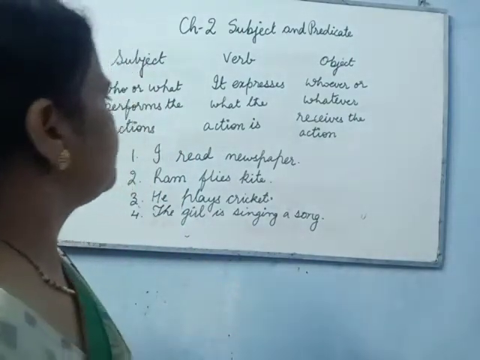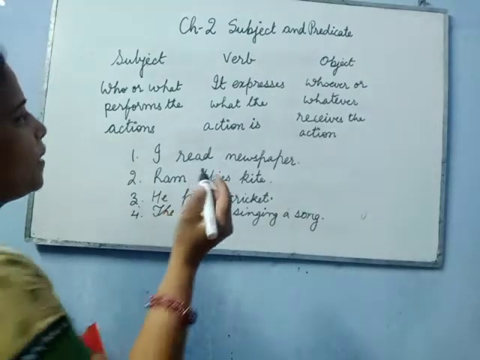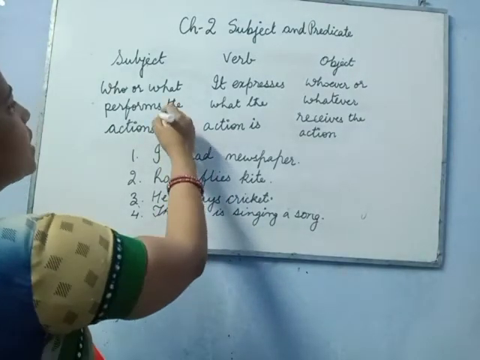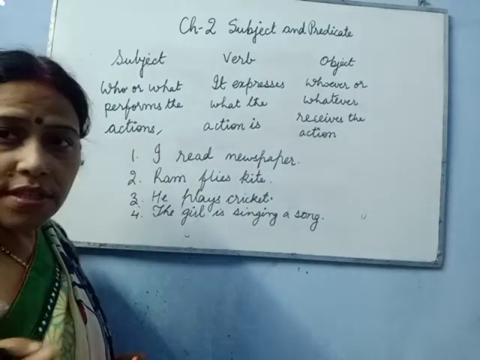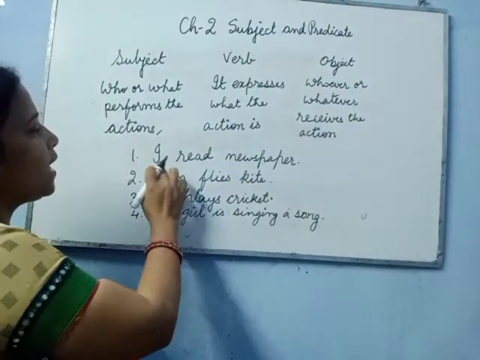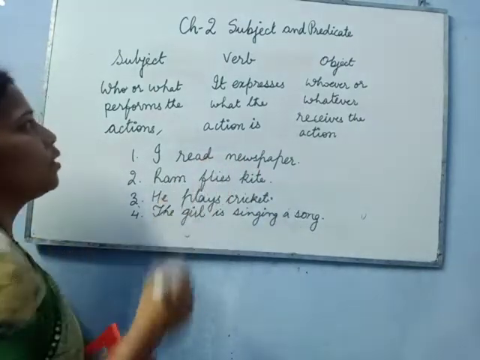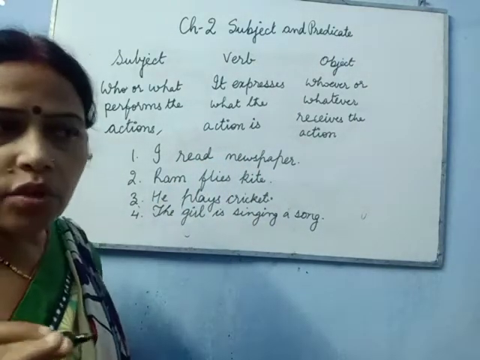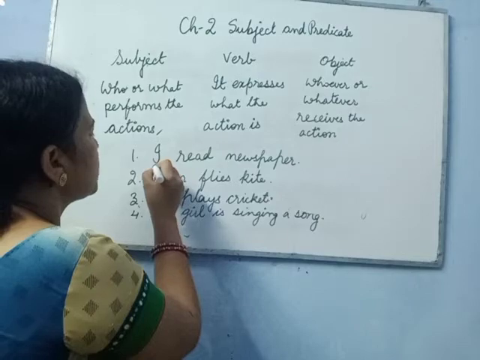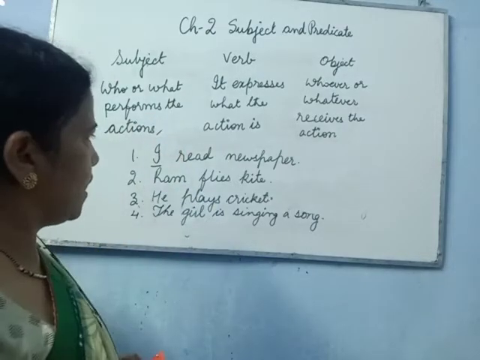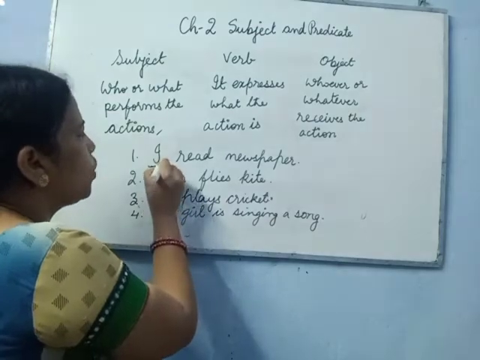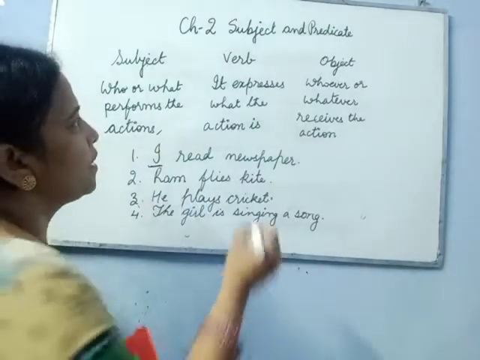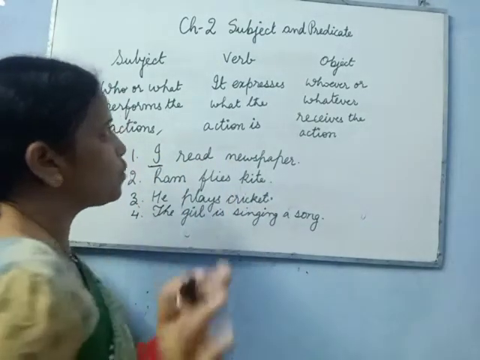So here, see children, in this, subject is who or what performs the actions. So first sentence we will see first. I read newspaper. So who is doing the action over here? The action is done by I. What is the action being done? The action being done is read newspaper.